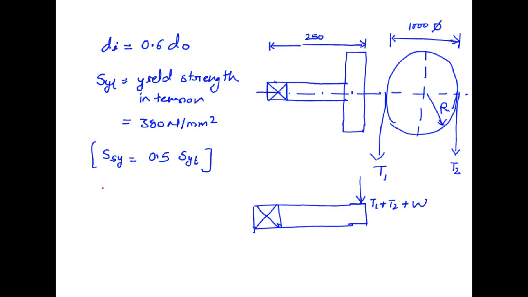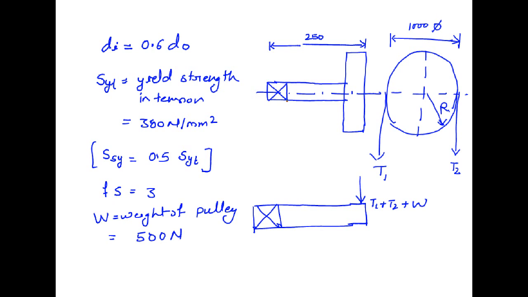And we have the value of factor of safety, 3, and we have the weight of the pulley. If we consider W as the weight of the pulley, this is 500 Newton.